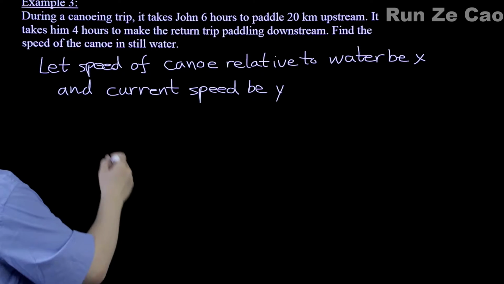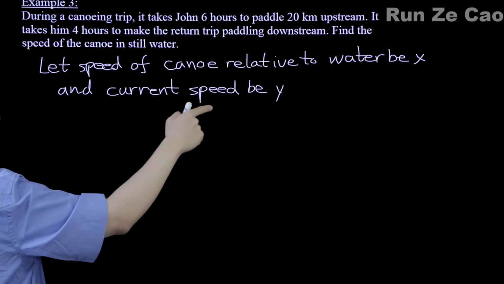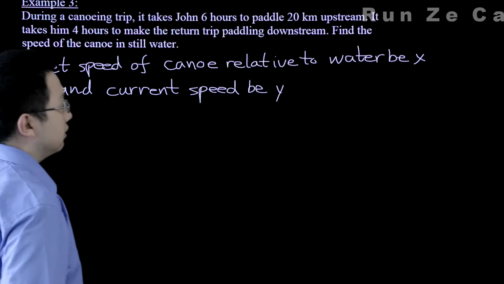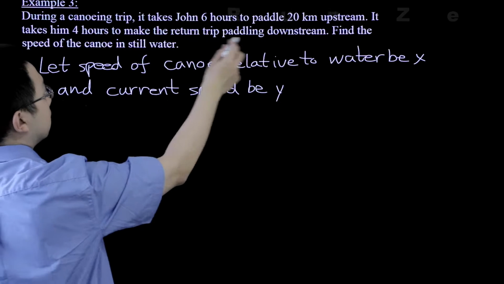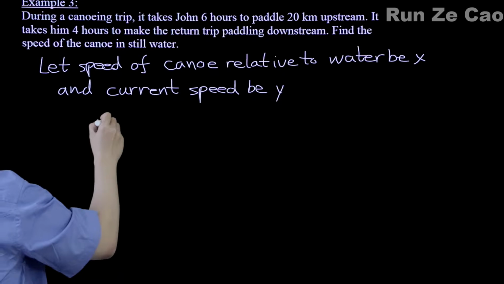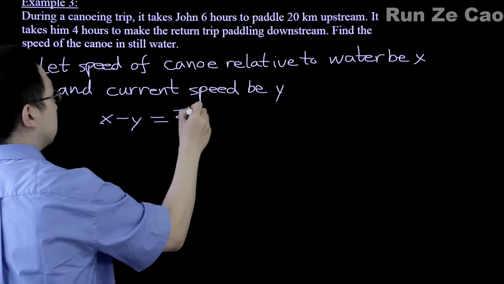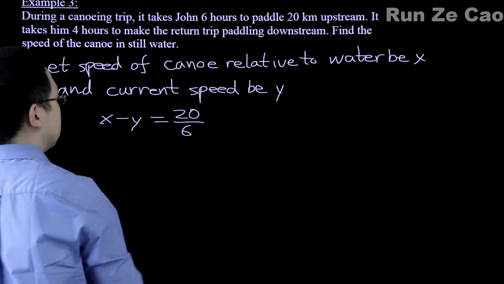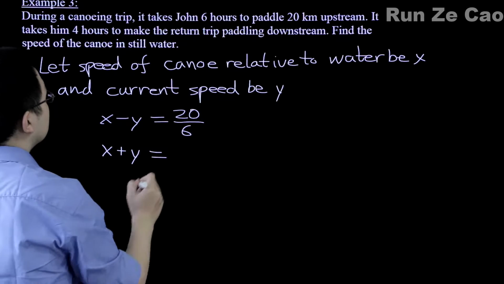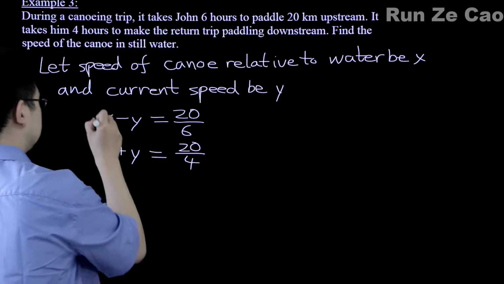So, we have the speed of the canoe relative to the water, minus the current speed is equal to the speed over this distance, which means x minus y equals 20 over 6, and x plus y is equal to 20 over 4.